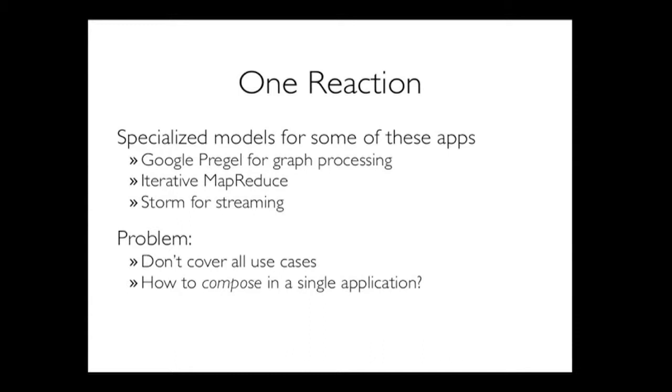But there are two problems with this approach. One problem is that the specialized cases that have been considered may not actually cover all applications. So if you have an application that is computationally very similar to, say, iterative MapReduce or to Pregel, but it's not easy to express with those models, you kind of have to start from scratch and build a new specialized system for it.